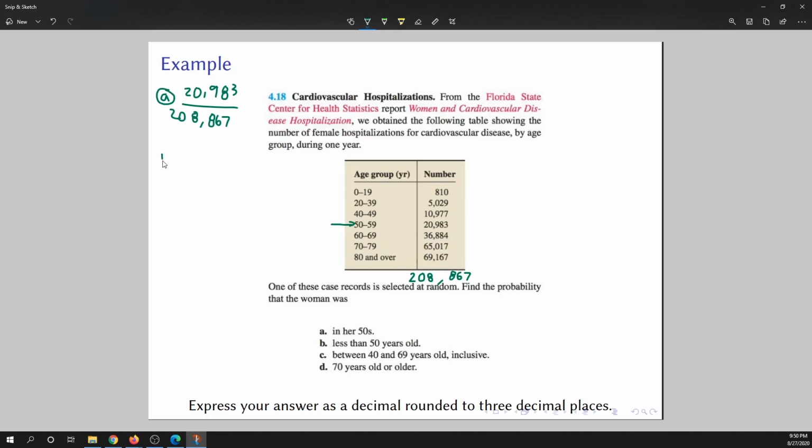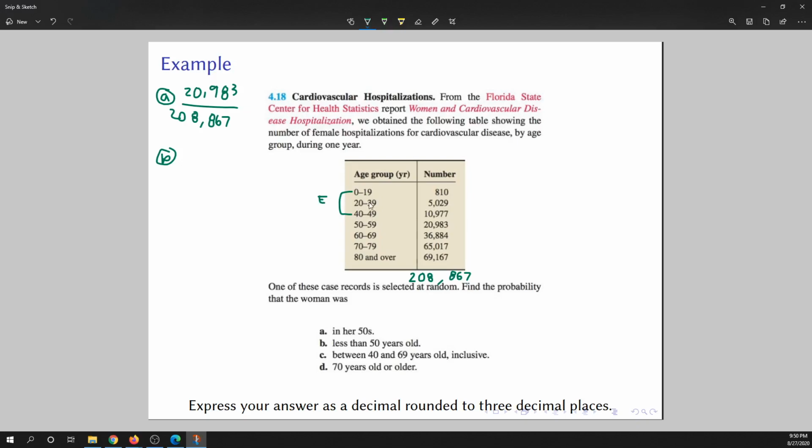All right, next up, part B. They want to know what is the probability that a randomly selected woman is less than 50 years old, right? So in that case, if the woman is less than 50 years old, we would be looking at these categories right here. So this is our event E, if you want to call it that.